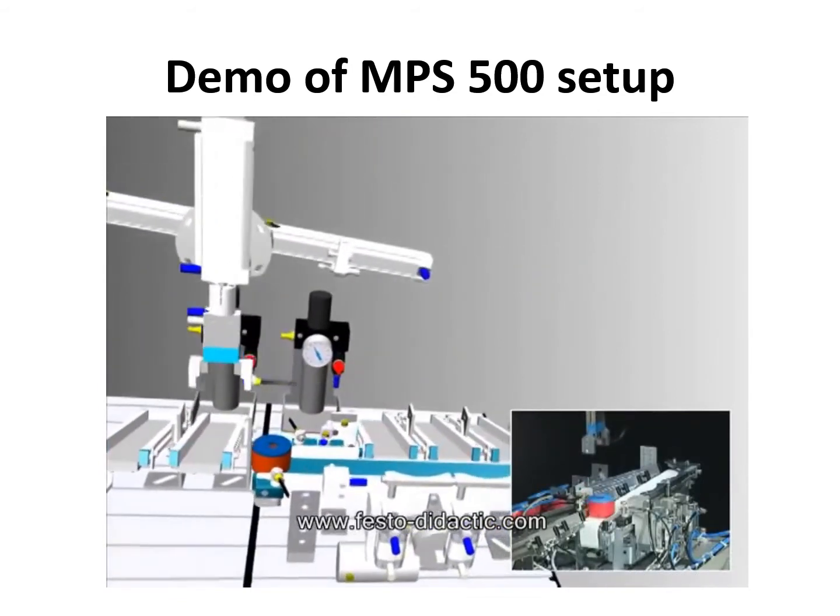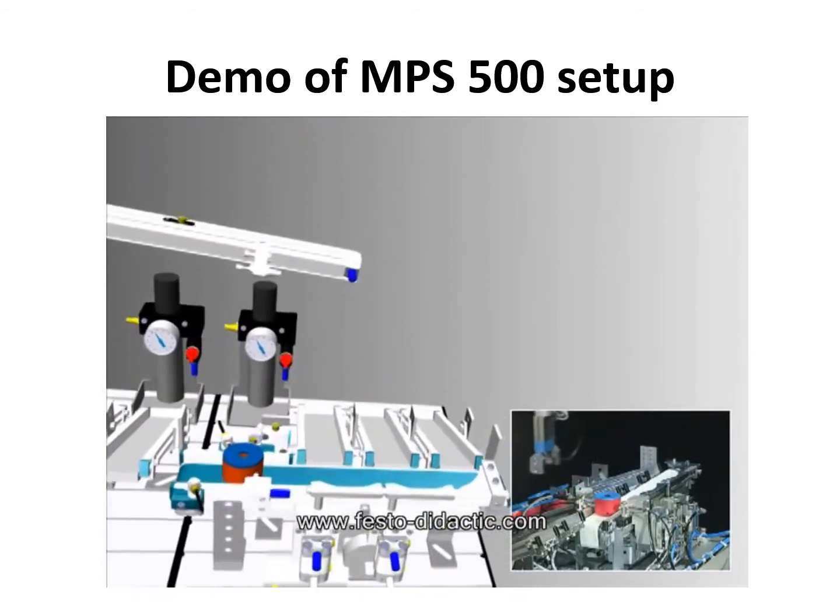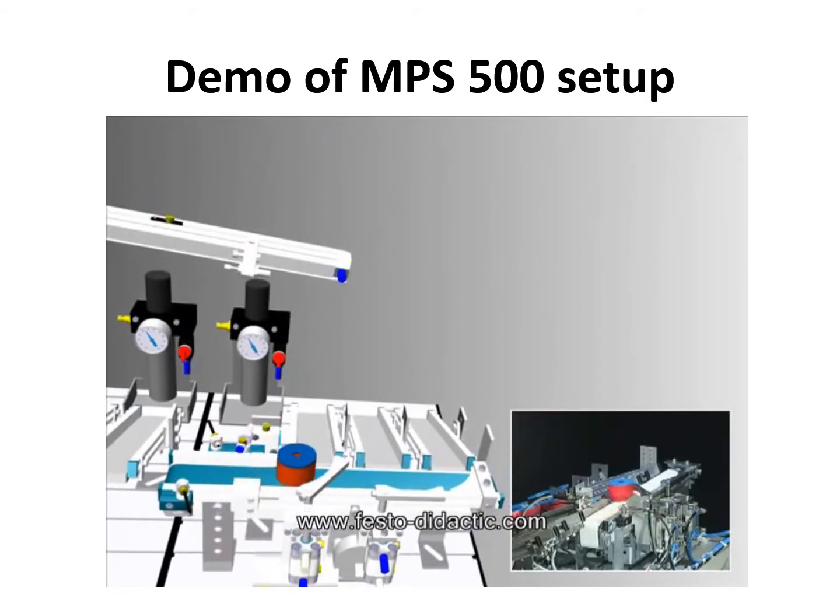Again, the color of the part will be checked. Based on the color, if the color of the cylinder is red or silver or black, it will go to different slides. So we are checking the color. The color is red, so it will go to the first slide.